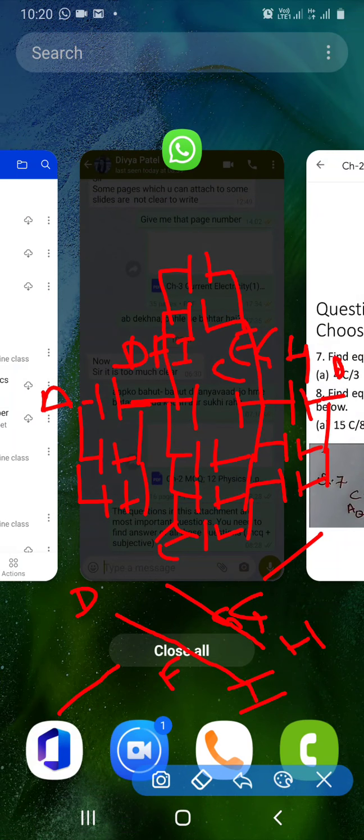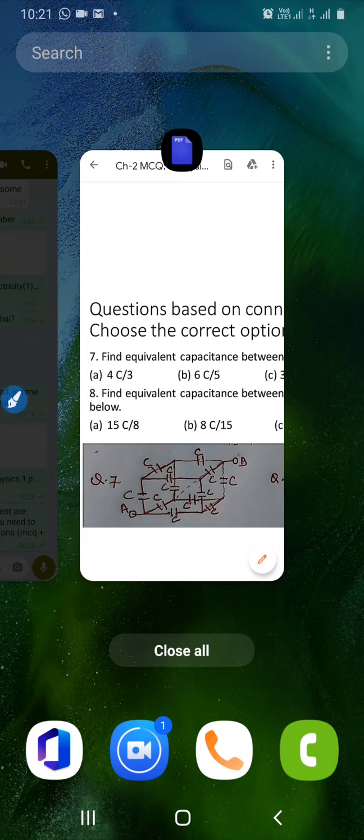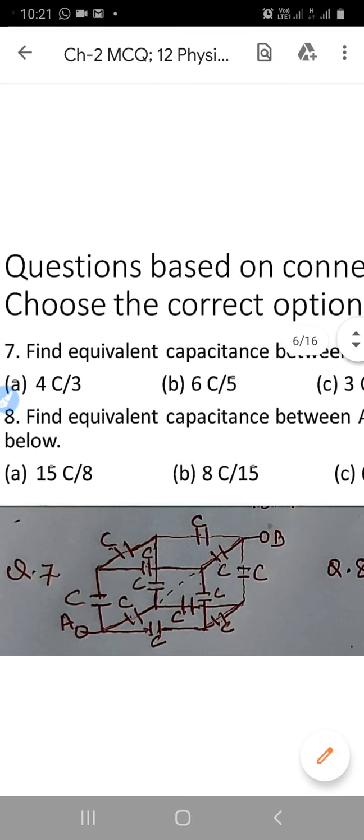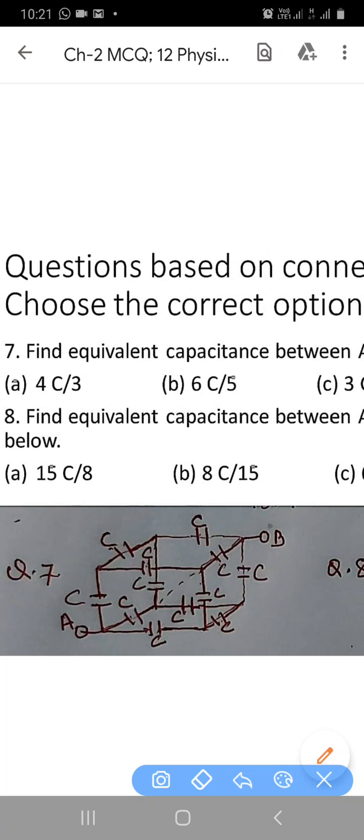So the equivalent will be 3C, 6C and 3C. All three are in series.